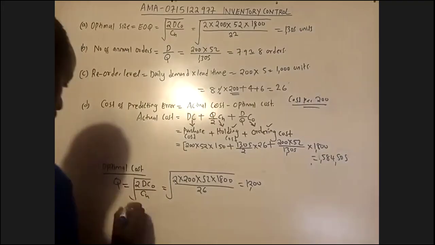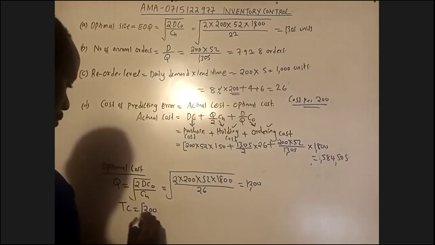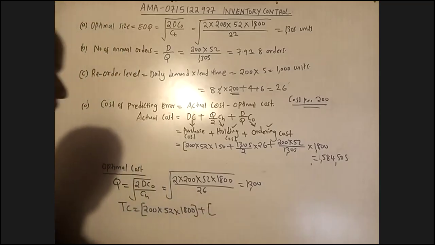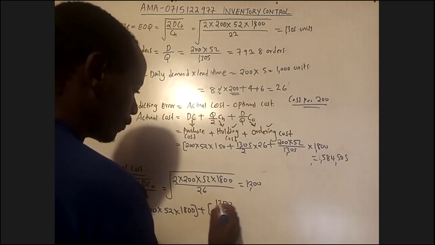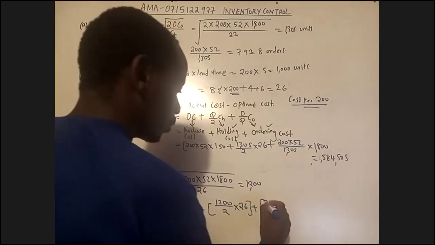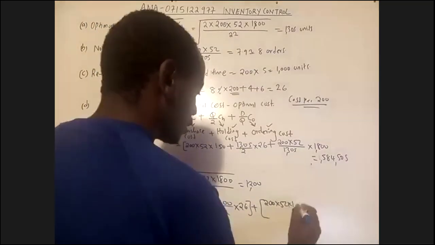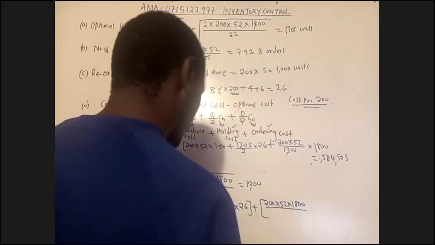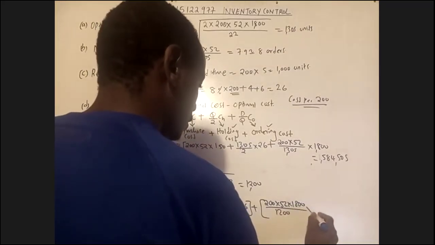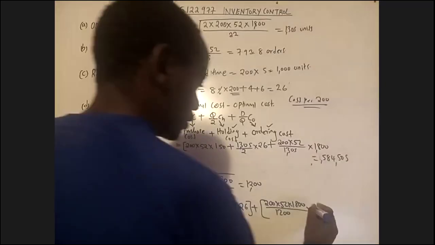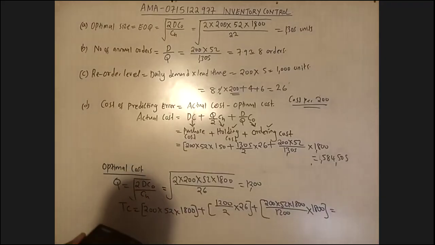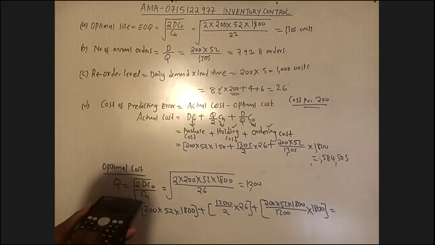So our total cost will be 200 times 52 times 1800 plus Q over 2, 1200 over 2 times CH 26, plus D over Q, which is 200 times 52 times 1800 over Q, 1200, times 1800. How much will it be? It will be 200 times 52 times 1800.